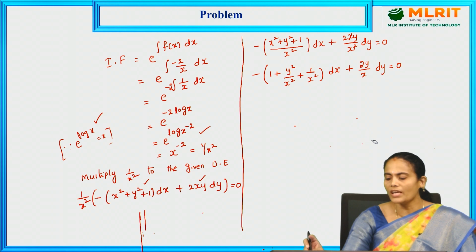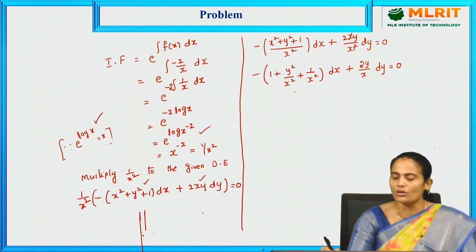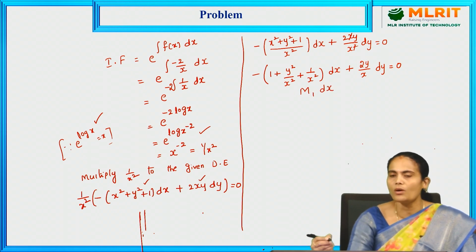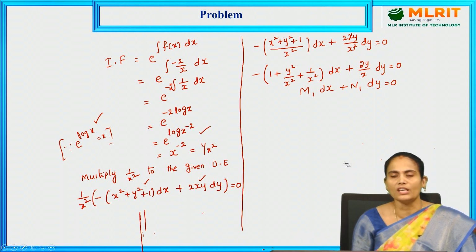And now again you have to cross check whether this differential equation is an exact differential equation or not. This is of the form M1 dx plus N1 dy is equal to 0, right? Now again you have to verify the condition of exactness. What is the exactness condition? ∂M/∂y is equal to ∂N/∂x.